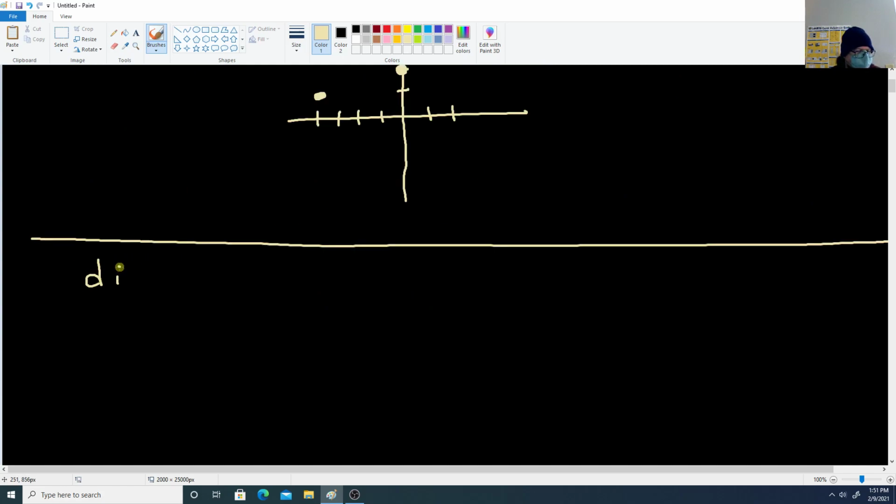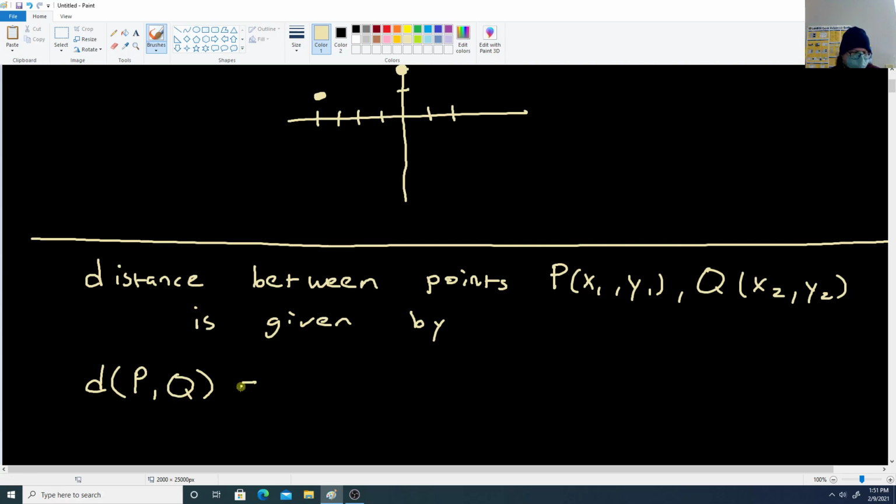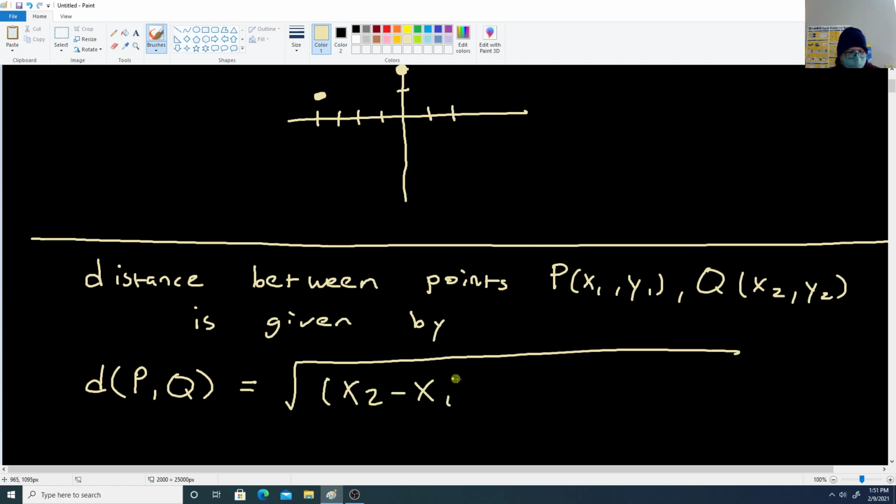So the distance formula, we'll say the distance between points, and we're going to label them P (x1, y1) and Q (x2, y2), is given by the distance between P and Q. Our book uses P and R for some reason, but we'll use P and Q. It's going to be the square root of (x2 minus x1) squared plus (y2 minus y1) squared, and that's our distance formula.